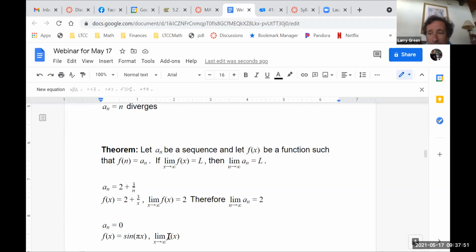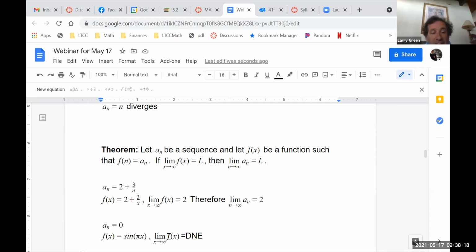This doesn't have a limit. So you've got to be very careful. You cannot say, I found a function where the limit didn't exist, therefore the sequence diverges. You can't say that. It's a one-way theorem. Any questions on that?